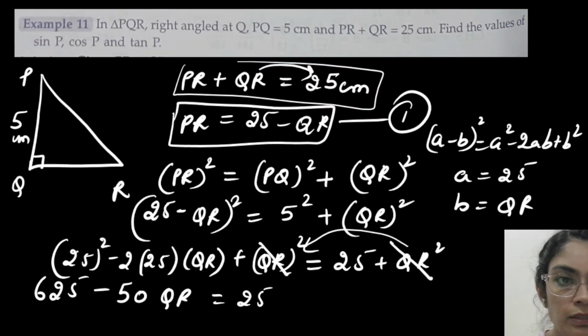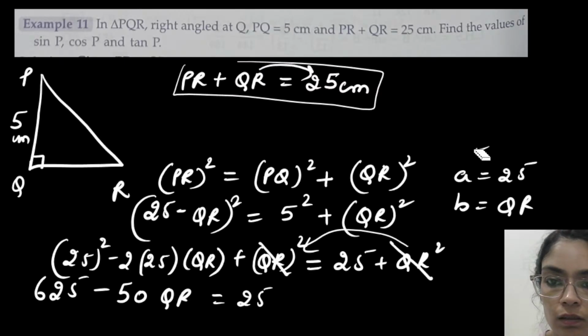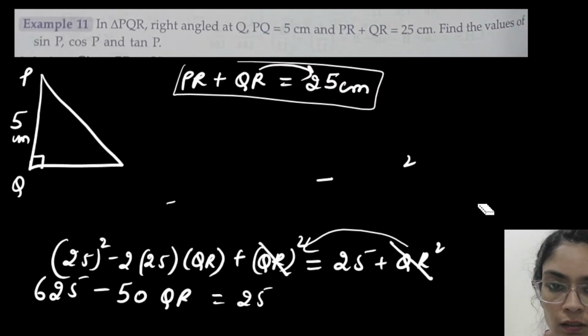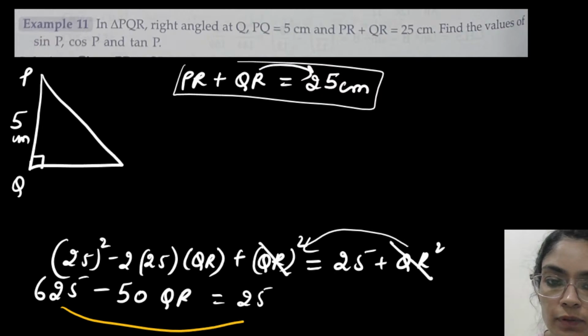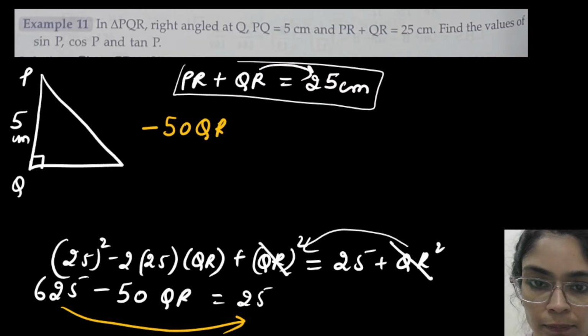Now let's shift 625 to the other side. Like terms we have to write together. 625 and 25 are like terms, so 625 I'm going to write here, and minus 50 QR will be this side.